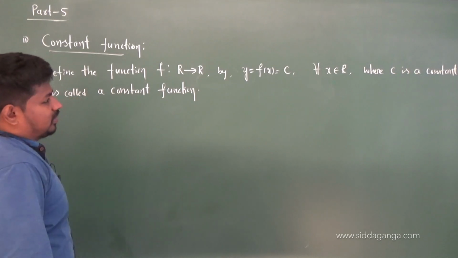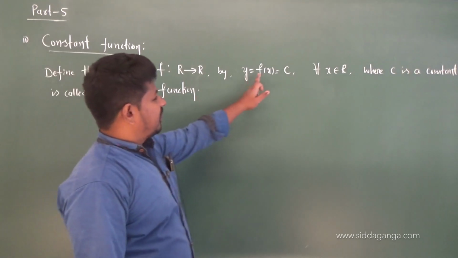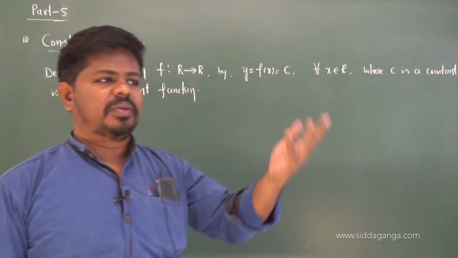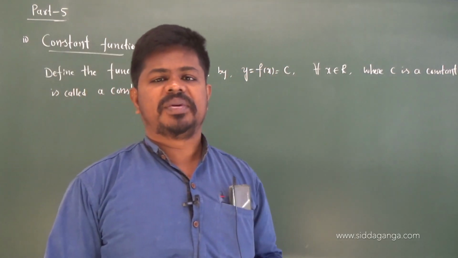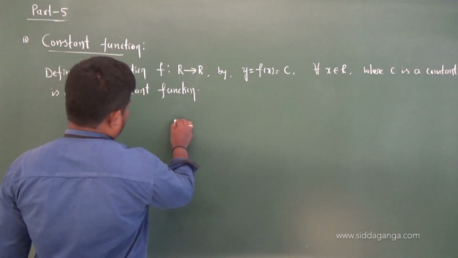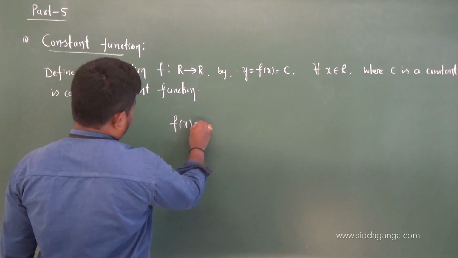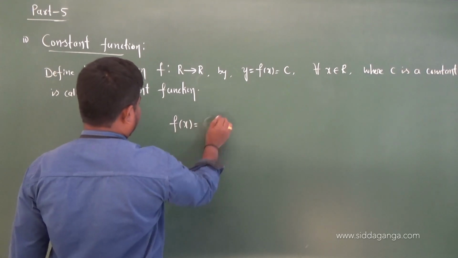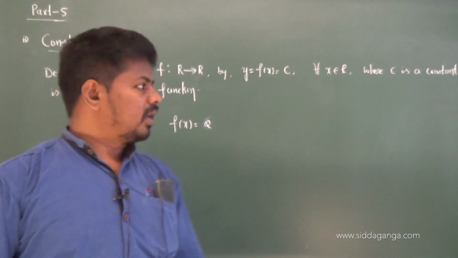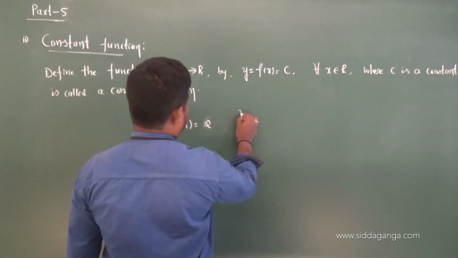What does it mean, sir? f of x is equal to C is a constant value, a single value, whatever it may be. It may be 1, it may be 2, it may be 3, a constant value. For example, function f of x is equal to, or y is equal to C, or sometimes you can take 2. In place of C, I have taken 2, or I can write this one as y is equal to 2.